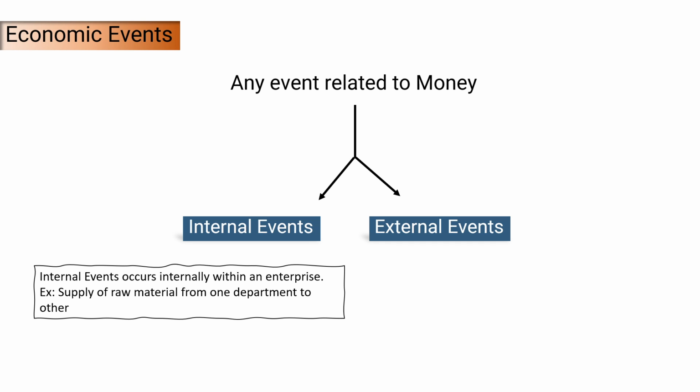Consider a factory. A factory has a lot of departments. One is raw material, the other is finished goods. I'm giving a very layman example. If you are supplying the raw material from one department to another, that is an internal event, something which is happening within an enterprise or organization.